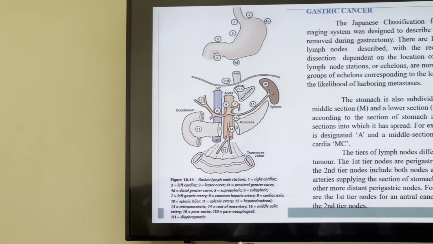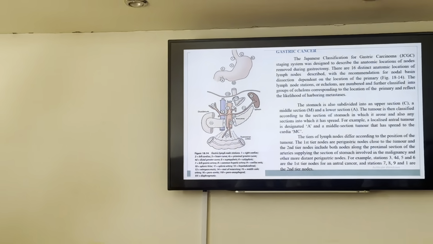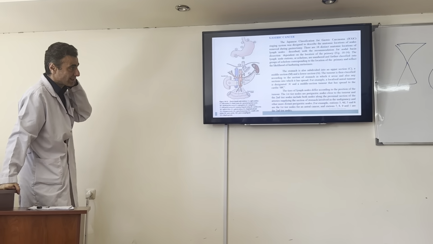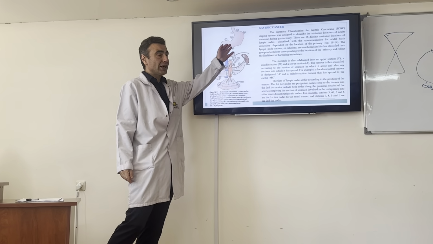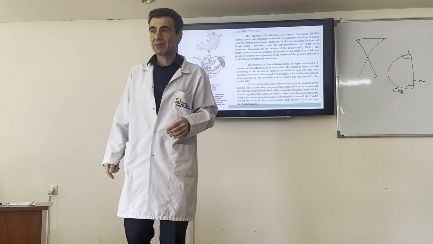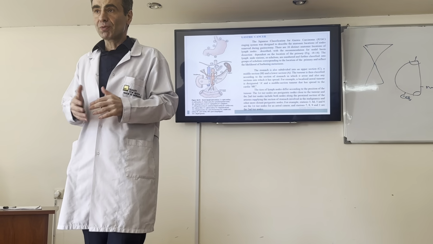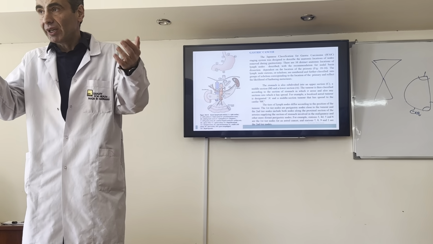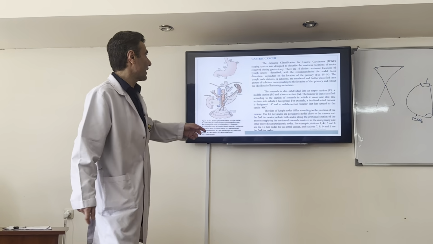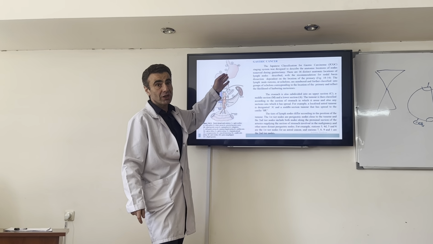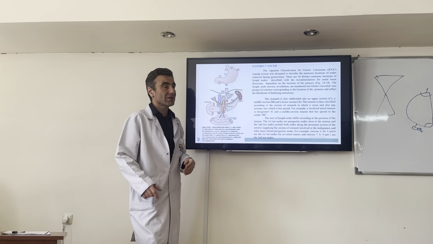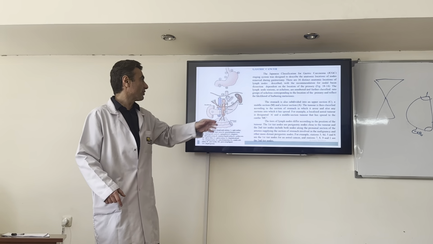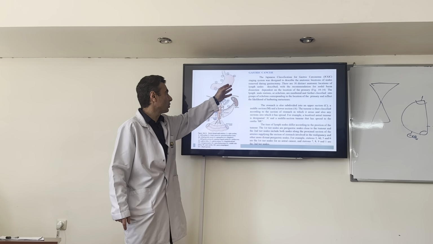From these 16 localizations, the first six are located in the superior compartment of the peritoneal cavity, along the greater curvature and along the lesser curvature of the stomach.